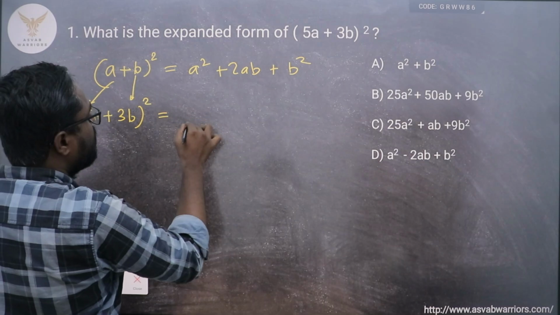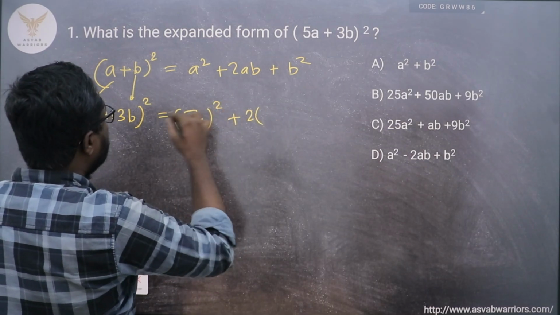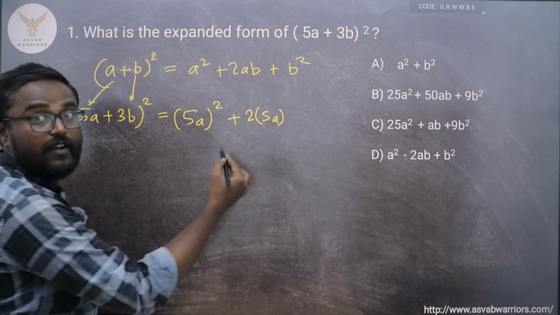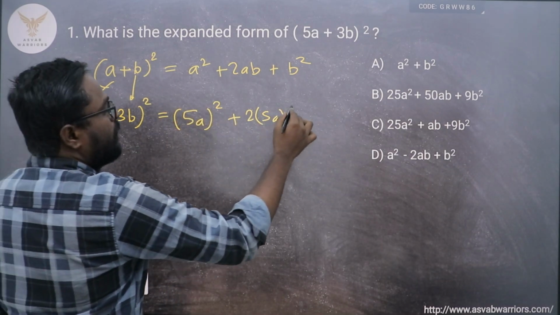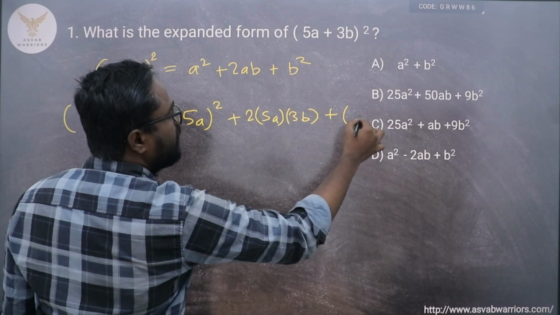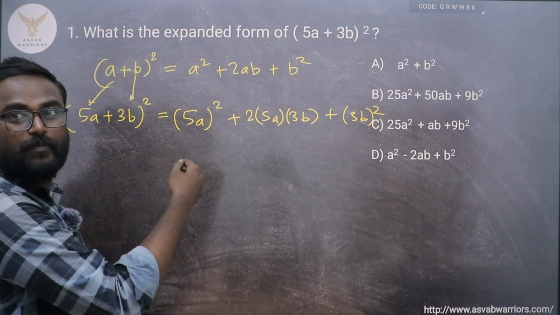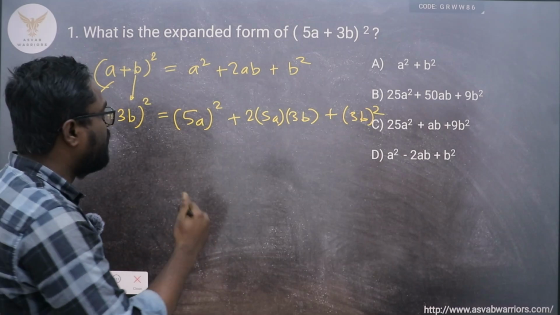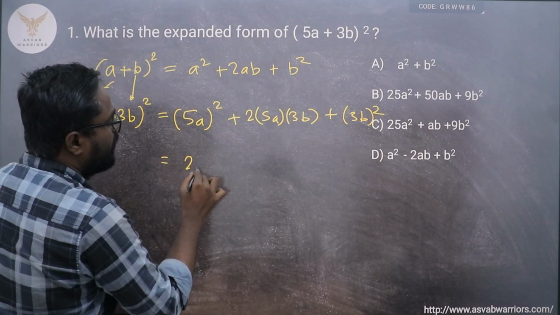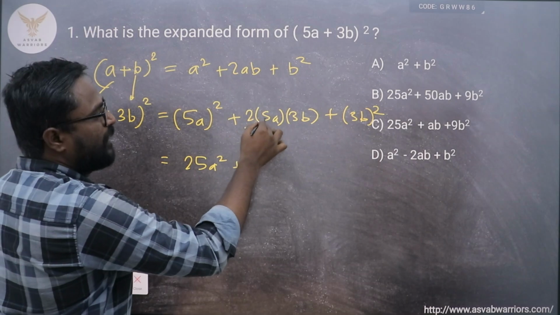a² will be nothing but (5a)², plus 2 times a, which is 5a, times b, which is 3b, plus b², which is (3b)². Now (5a)² is the square of 5 and the square of a as well, which is 25a², plus 2 times 5 times 3.